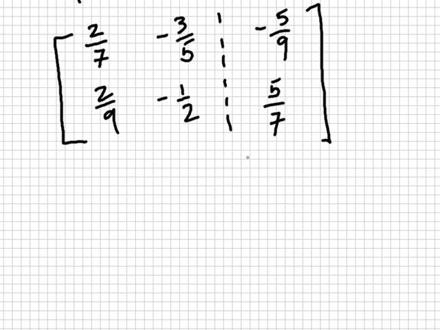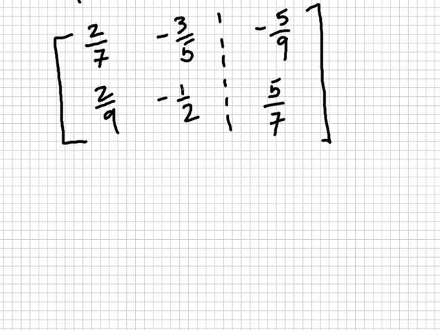Okay. So the first thing I do is I will get rid of the fractions. So if I wanted to get rid of all the fractions here, what number would I need to multiply it by? Well, 7, 5, and 9, right? I need to use all 3. And then what about here? What would I have to use? 2, 7, and 9, if I wanted to, okay?